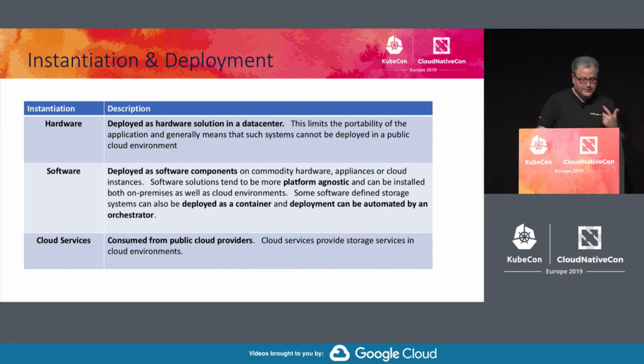There are software options which provide the data services and the functionality of a storage system, but don't mandate specific hardware requirements, which obviously means they're probably a bit more portable than the hardware solutions. And then there's a whole plethora of cloud services that can be consumed from private cloud and public cloud providers, covering everything from volumes to databases to other services.